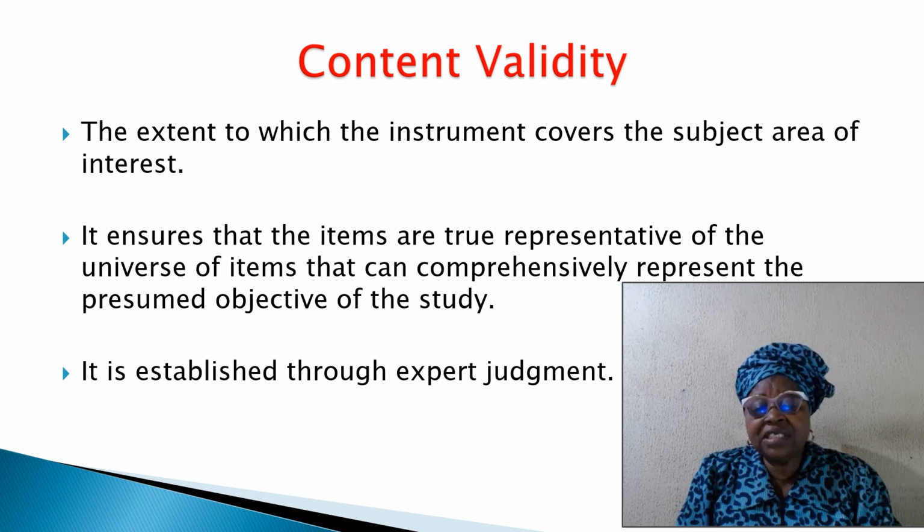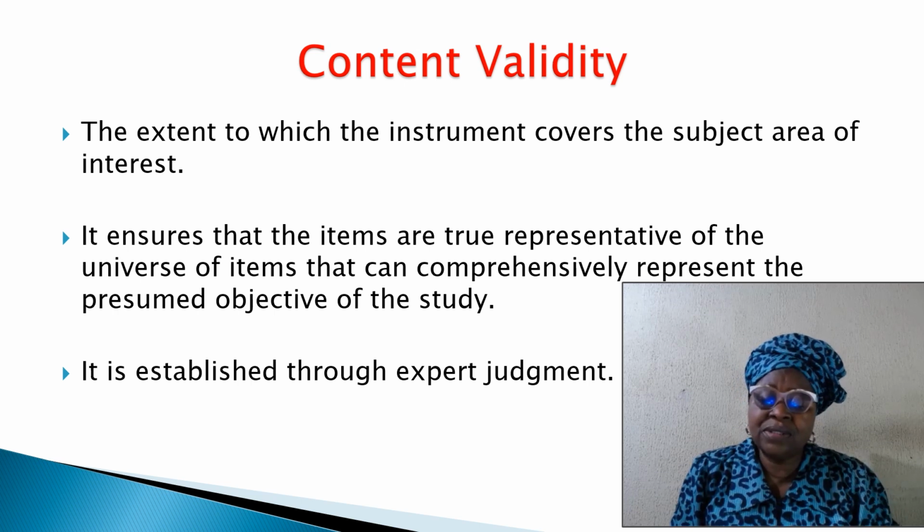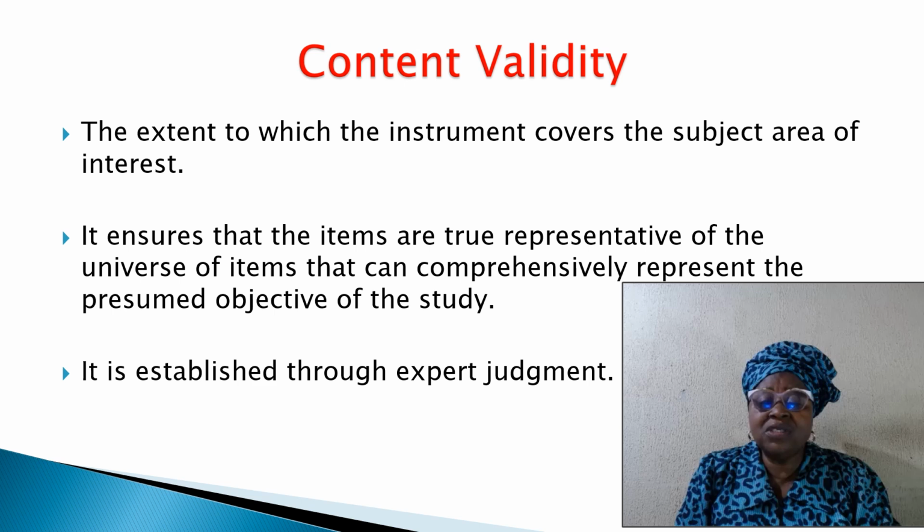How do we establish content validity? We do that using expert judgment. Usually in validating a research instrument, we use two experts: an expert from the subject area and an instrument expert.